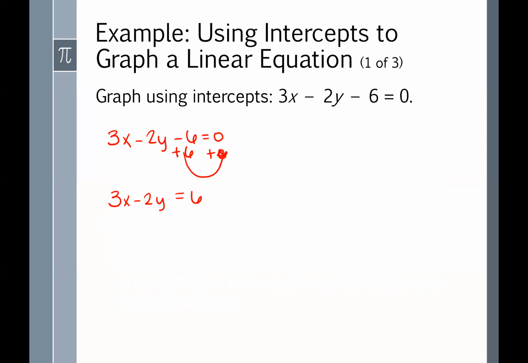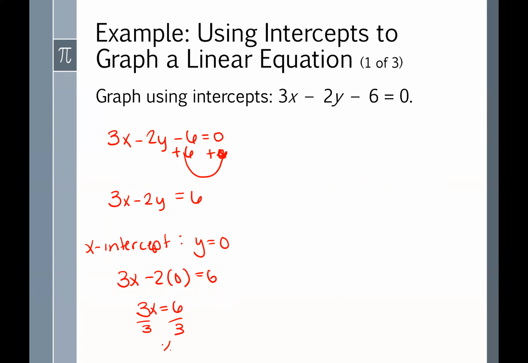And now I'm going to find the intercepts. To find the x-intercept, set y equal to 0. So the x-intercept is 2. To find the y-intercept, we're going to set x equal to 0.